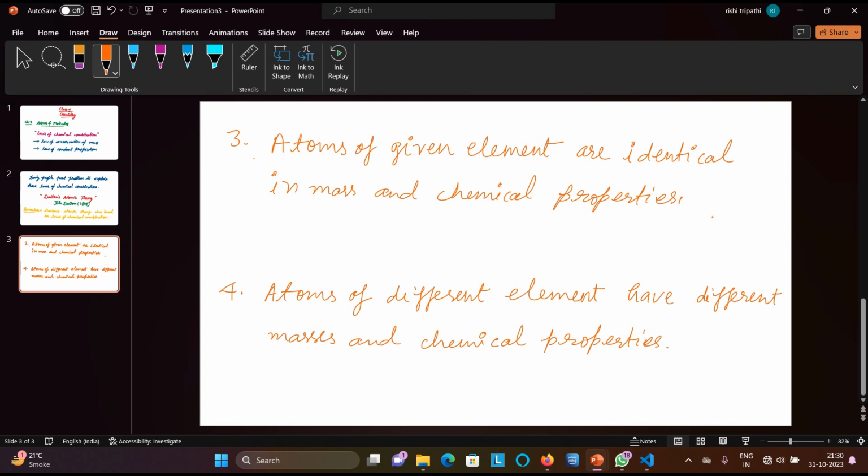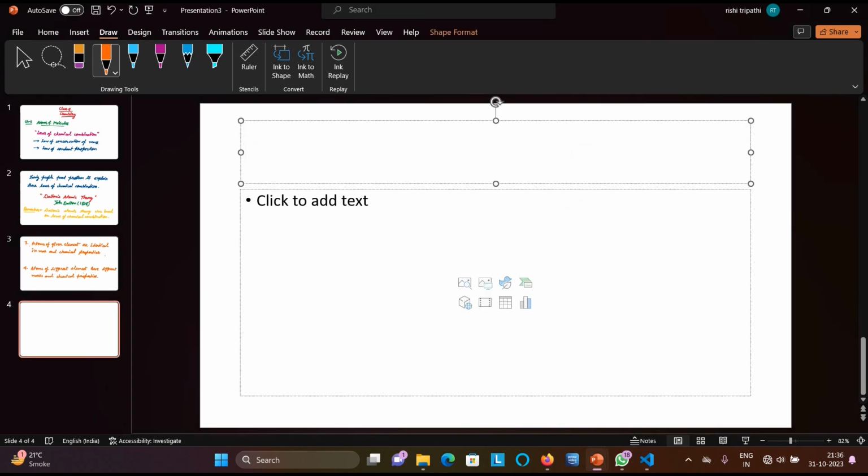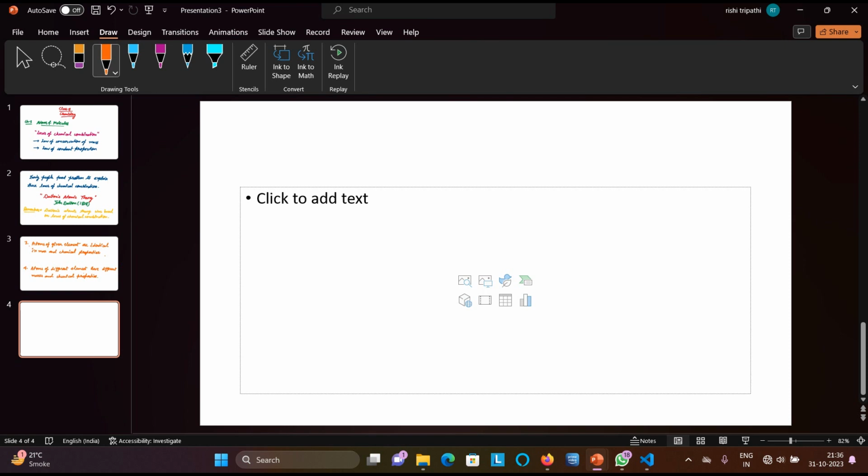Now we'll come to the fifth postulate of Dalton's atomic theory, which is: atoms combine in small whole number ratio to form compounds.